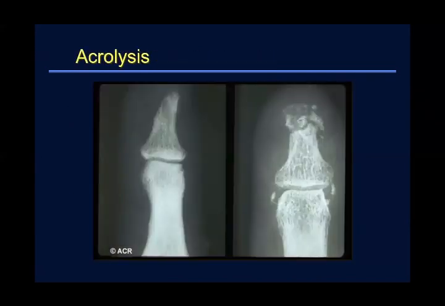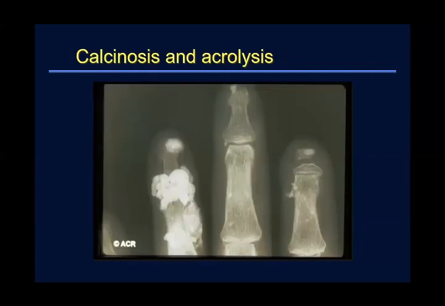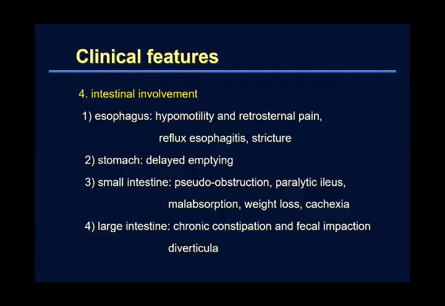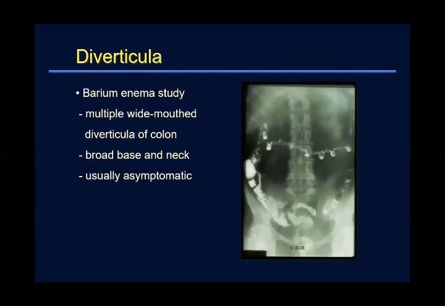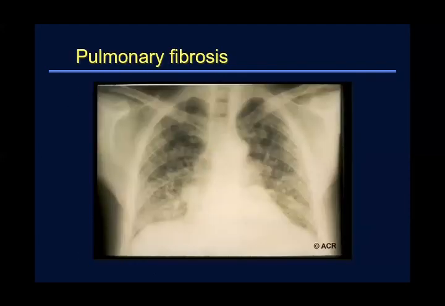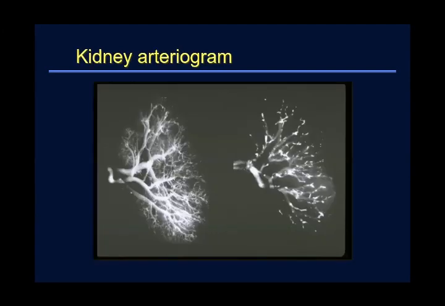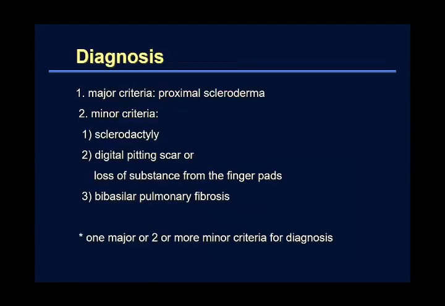So CREST syndrome may be a manifestation of limited scleroderma, but diffuse scleroderma is a bad disease, and can lead to a whole cascade of pulmonary, renal, and cardiac manifestations.